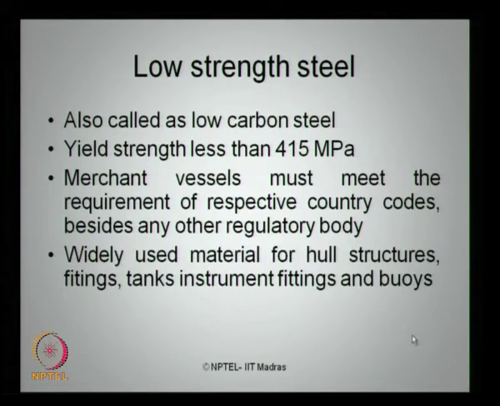This is a widely used material essentially for hull structures, fittings, tank instrument fittings and buoys. Low strength steel has specific application in ocean structural systems. It can be used for fabricating hull systems, for fittings and appurtenances, for tanks, and for manufacturing buoys.